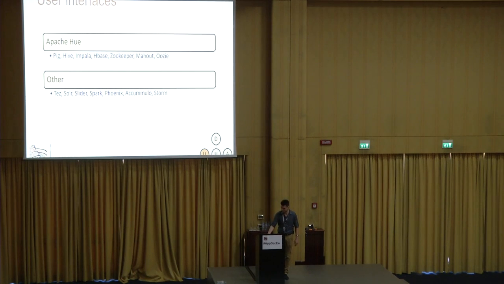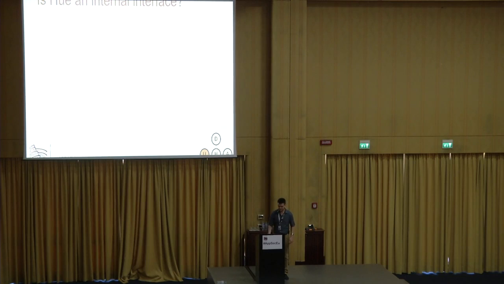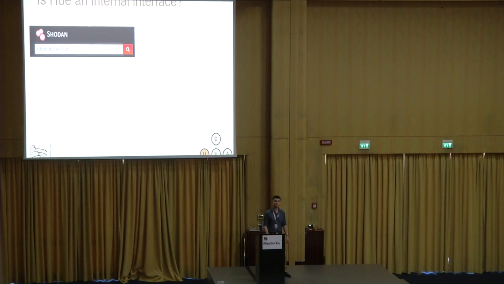So the first question, is Hue an internal interface? Hue is actually the same as software for viewing the data in the database. So it allows you to query the database, do some modifications, and so on. So is Hue an internal interface? It should be.